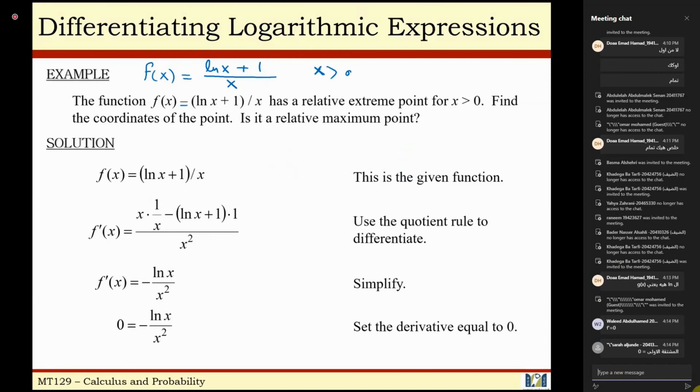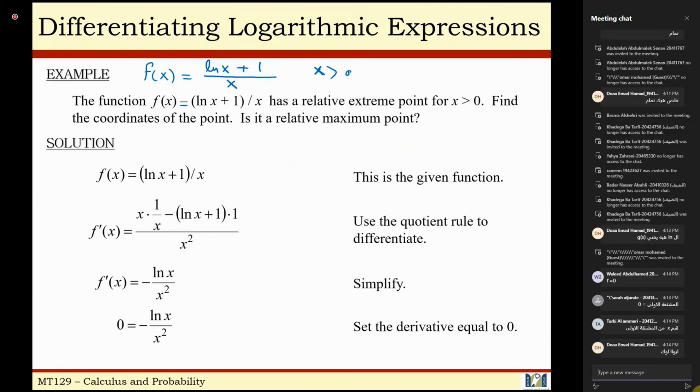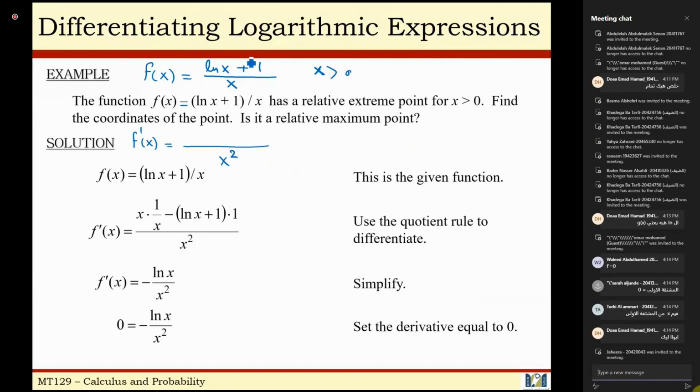Okay, now f prime equals 0. To find the critical, f prime equals 0. Now we need to find f prime. F prime equal here, this is the quotient. So if you need to find the derivative, we apply the quotient: the denominator square, this is the function.